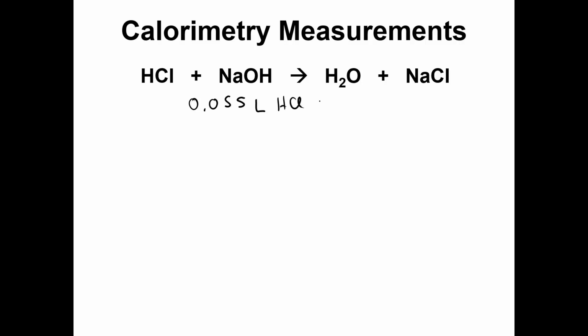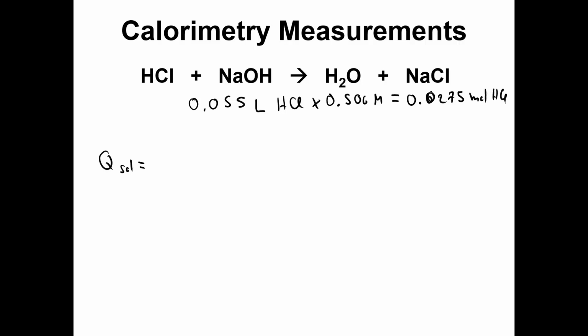That's our limiting reagent, and the molarity is 0.500 M. So this is 0.0275 moles of HCl. So whatever Q is given off by this reaction is taken up by the water, by the 100 milliliters here. So Q for the solution can be calculated, and then I can scale that up.